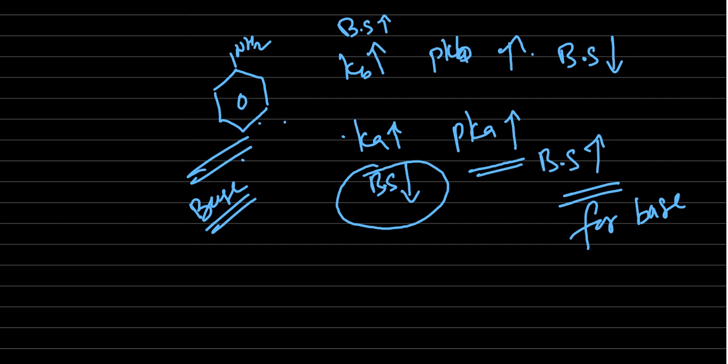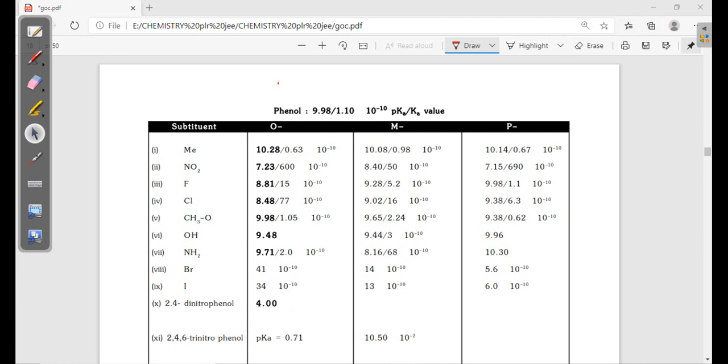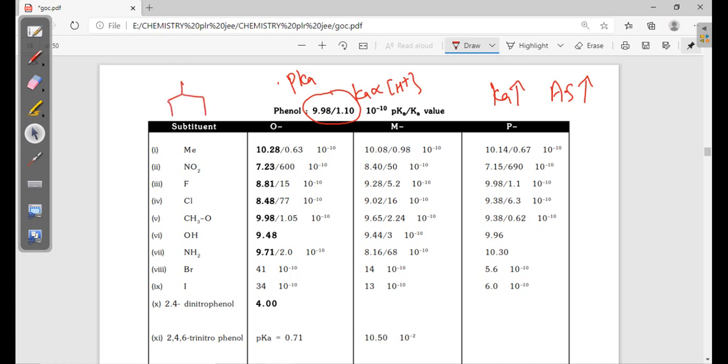Now we can see some examples. Here phenol is there. The first value is the pKa value. This one is the Ka value. Ka is directly proportional to H plus concentration, right? If Ka is increasing, acidic strength is also increasing. See the values here. What is phenol? This one, benzene with OH.